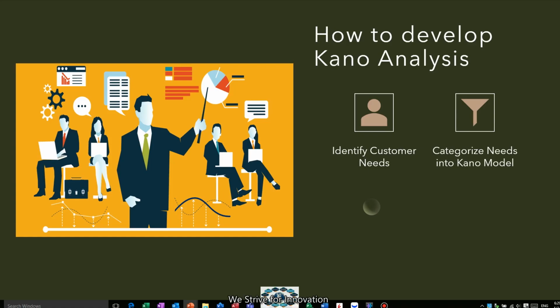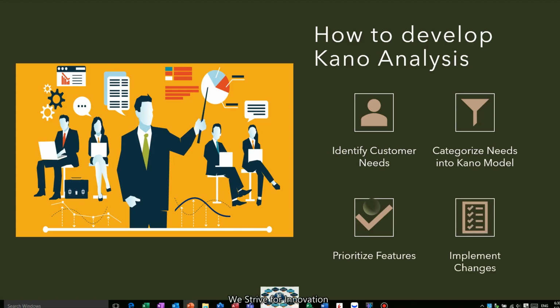Remember, three categories: the must-have, the one-dimensional, and the excited or exceeding, which is the third part. Then prioritize those features. Which one comes first? Of course, the must-have comes first, then the one-dimensional second, and then the excited third. Then you implement those changes within your system in order to achieve the goal you are looking for.